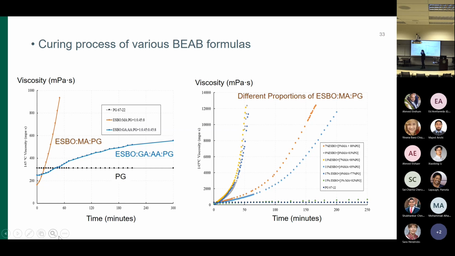Here we see some results. For this formula, the reaction is very quick, so the viscosity increases very quickly over time. So this is not reliable. We want to control the reaction time so that we have enough time to mix components, lay, and compact the mix. And for the other formula, we see that the curing rate is much lower.